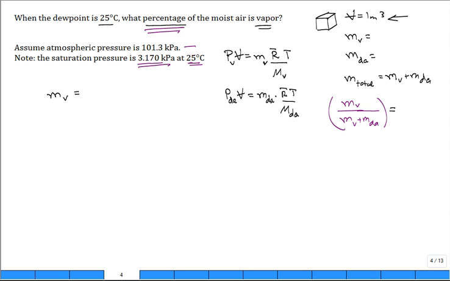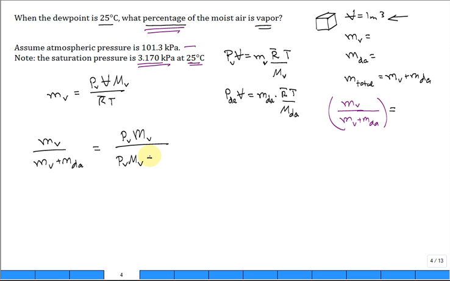That's all. So the mass of the vapor is going to be the partial pressure of the water vapor in the moist air mixture times the volume of the room times the molar mass of vapor divided by R bar T. And when you do that ratio, m sub v over m sub v plus m sub dry air, you'll get P sub v times the molar mass of the vapor divided by P sub v times the molar mass of the vapor plus P sub dry air times the molar mass of dry air.